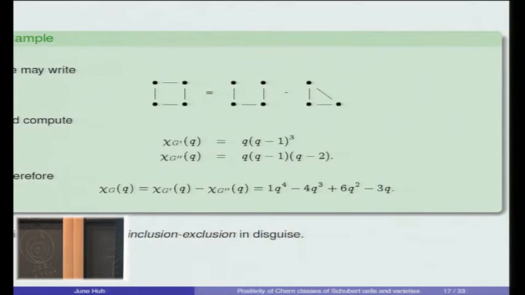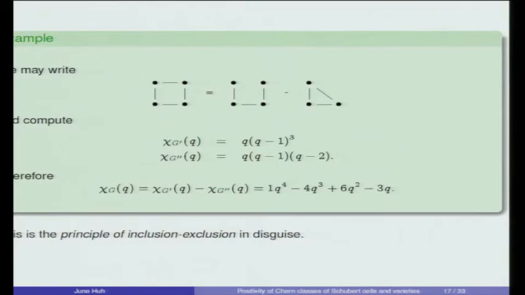You pick one of the edges, say in this case the one on the top, and you form 2 new graphs, the first one being the graph with that edge deleted, and the second one with the chosen edge contracted. So you have a pair of graphs out of the original graph, and you formally write the original graph as the difference of 2 graphs, the deleted one minus the contracted one.